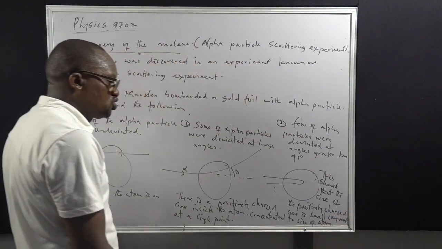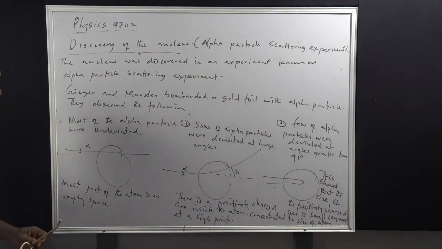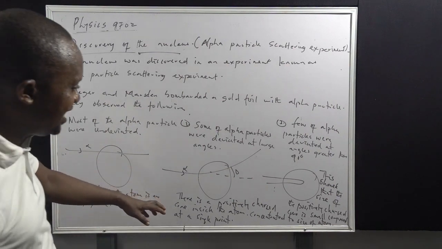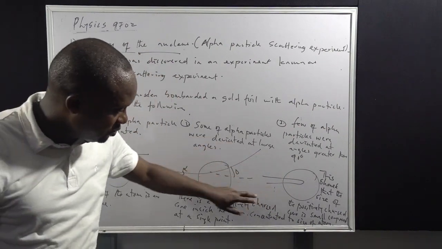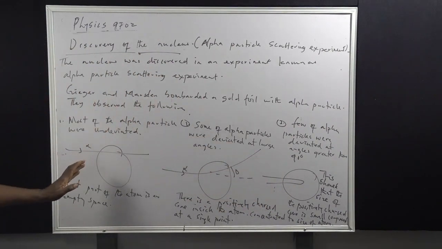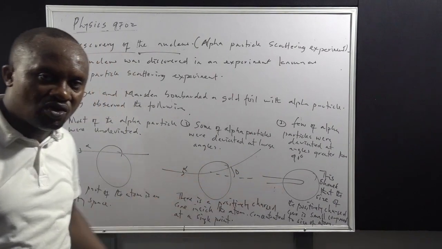That is what this third one is showing. So the conclusion from this experiment is that the atom contains a positively charged core that is small compared to the entire space of the atom.